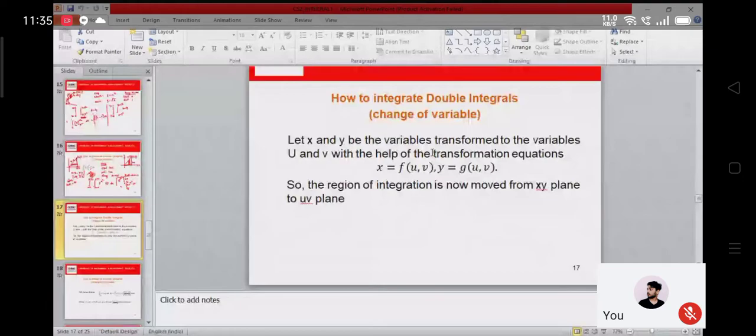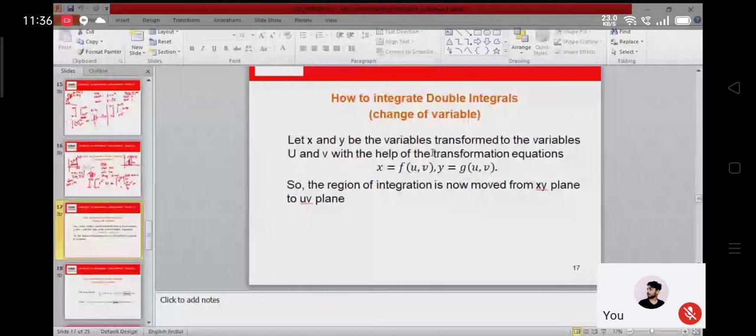So you want to transform your region to another simple version. So what is the problem here? The region of integration is difficult. So we want to transform the problem into a simpler region. Then how can we do that?